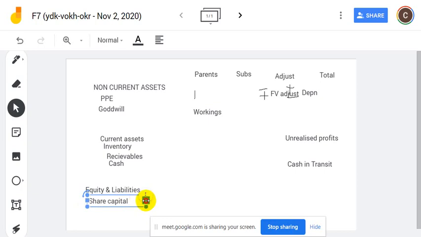The share capital is treated differently from the others. You only bring the share capital for the parent only. Take note, you only bring in the share capital for the parent only.